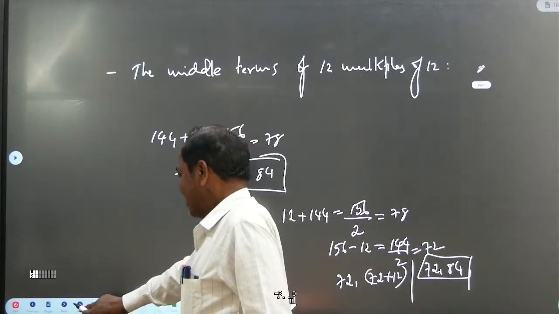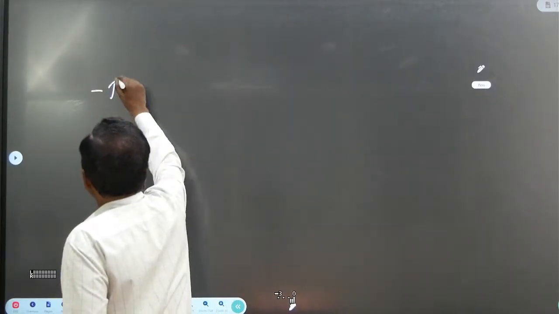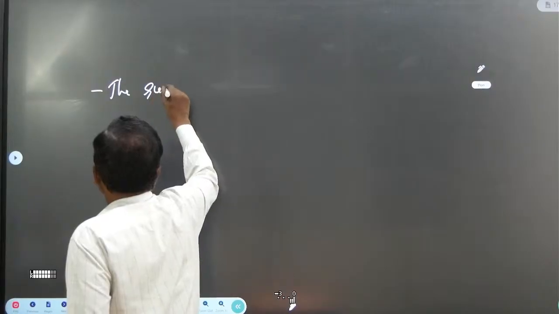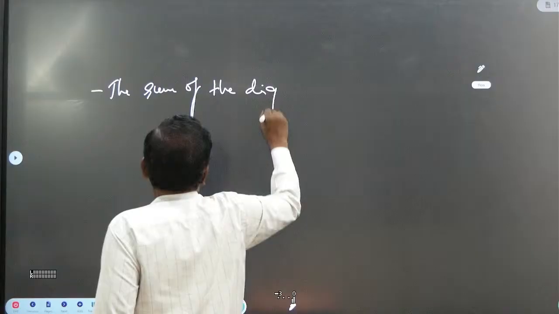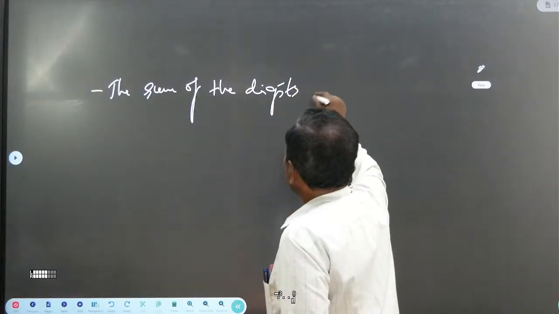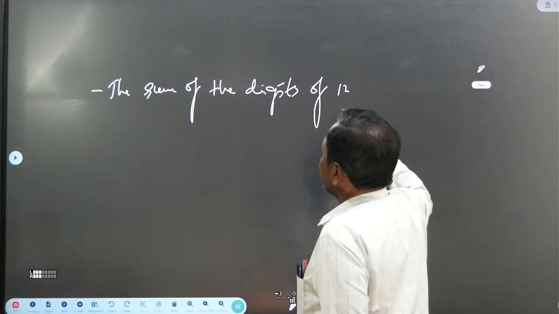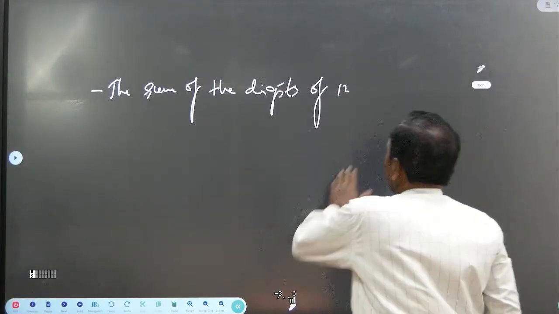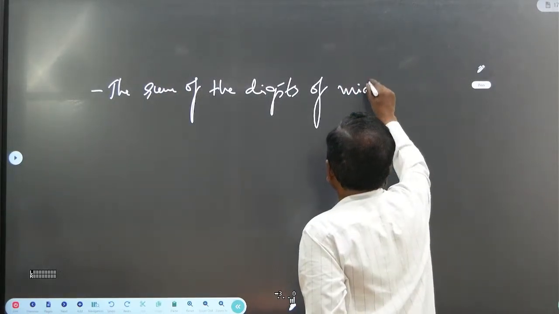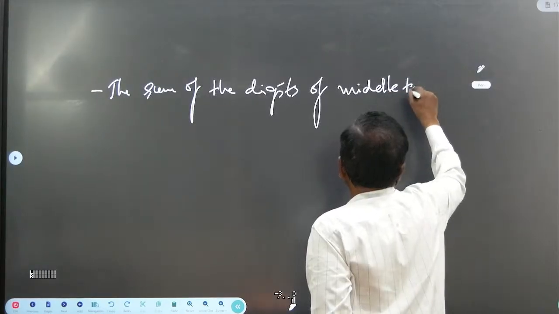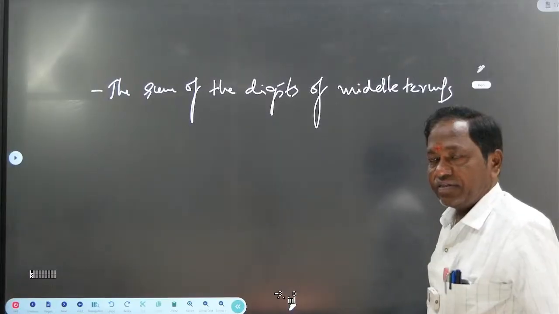See, the sum of the digits of the middle term or terms, they put oblique and write.